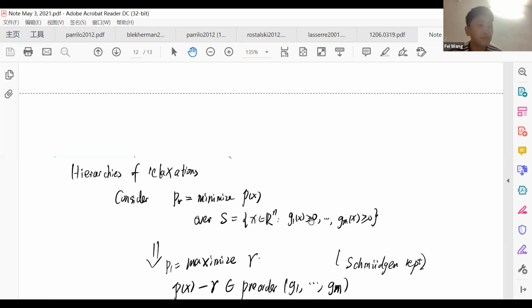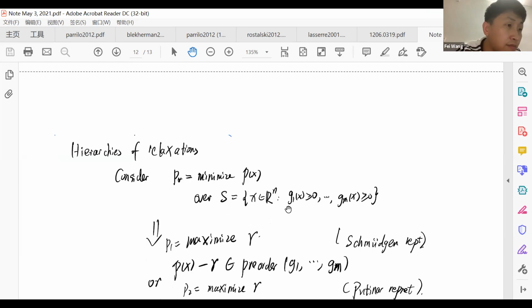This is in general a non-convex problem, which means it's hard to solve, because the polynomial could be non-convex and the constraint set S could be non-convex.